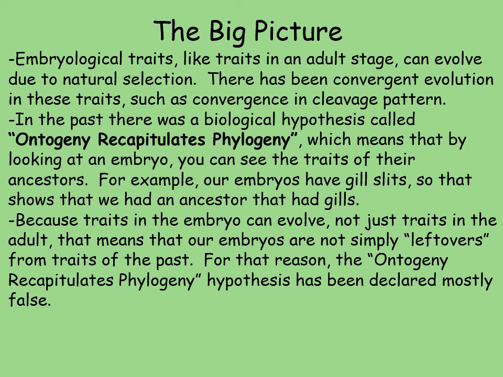So the fact that we have these little slits next to our head is not the same as having gills that are left over from our evolutionary history. So for that reason, the ontogeny recapitulates phylogeny hypothesis has been declared mostly false. You can't just look at an embryo and say, this is what the ancestor of this group used to look like, because the embryo also evolves through time.